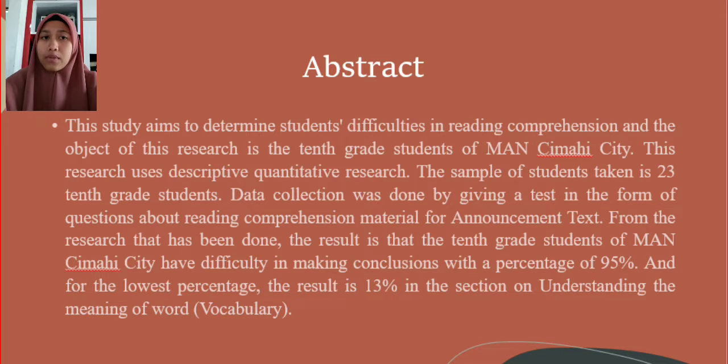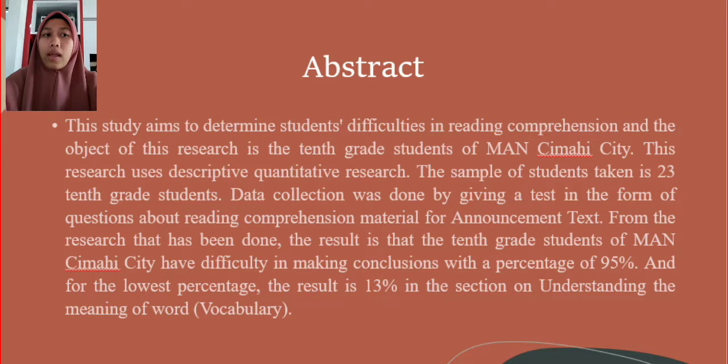This study aims to determine student difficulties in reading comprehension, and the object of this research is the 10th grade students of Cimahi City. This research uses descriptive quantitative research. The sample of students taken is 23 10th grade students. Data collection was done by giving a test in the form of questions about reading comprehension material for announcement text.